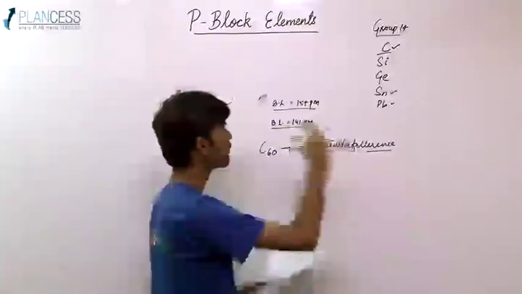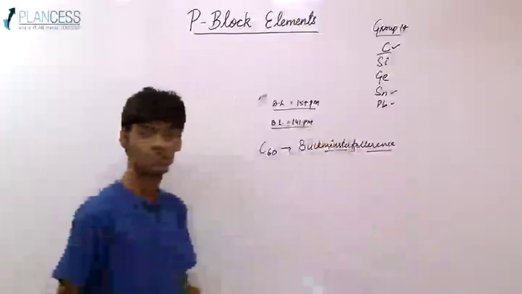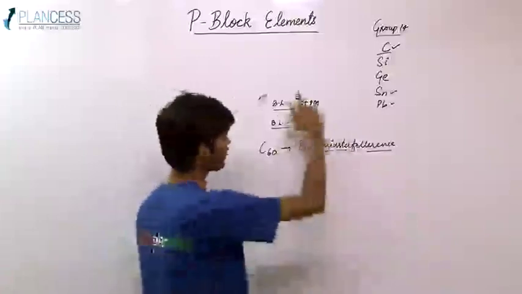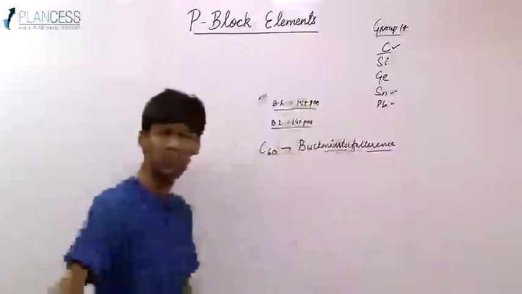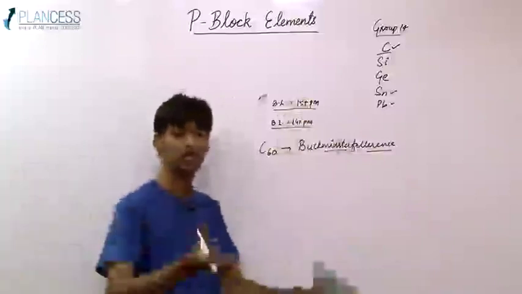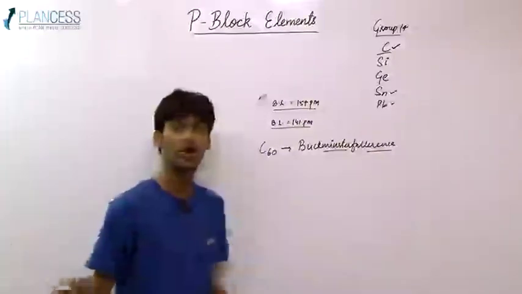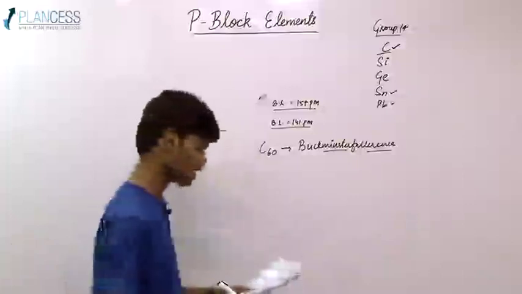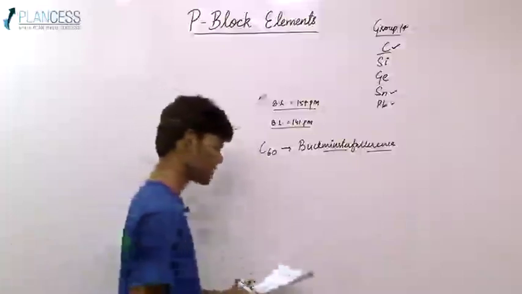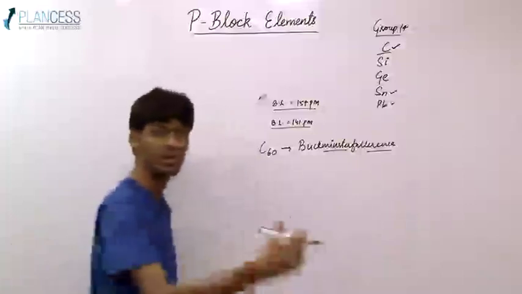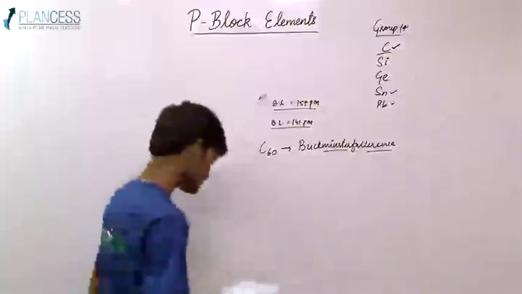Now, if you want to consider the reaction of halogens, or rather fluorine, with the allotropes of carbon, then halogens do not react with diamond; diamond is inert to halogens. However, graphite reacts with fluorine at 500 degrees centigrade and forms intercalation compounds.